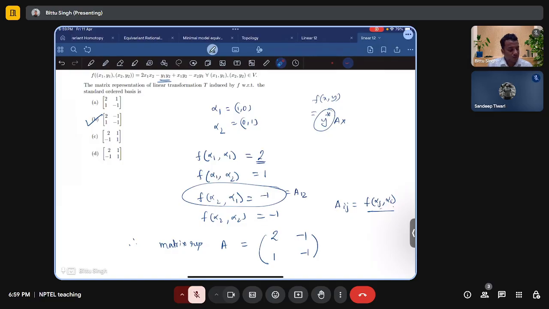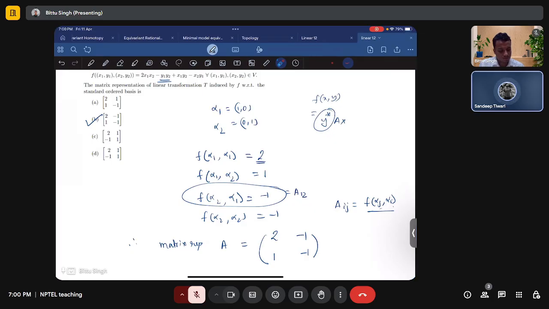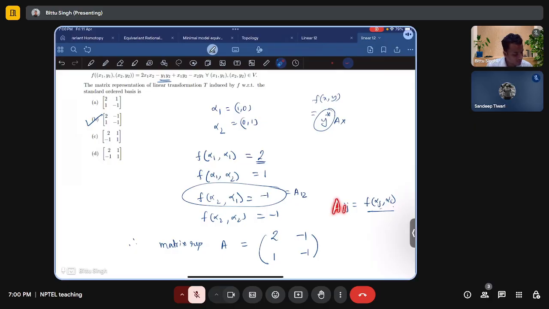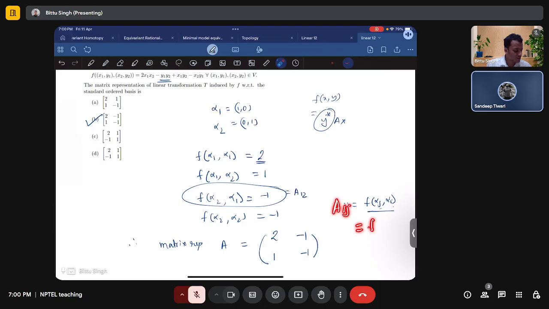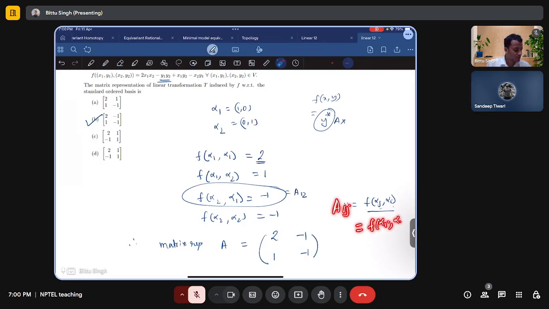Otherwise, this is actually needed. Otherwise, this will not work. Sir, Aij is defined as f of alpha i alpha j in some books. Yes, sir, the same order.